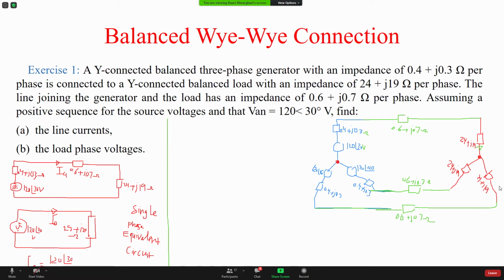And this is going to give me, I think, 3.75, and the angle is minus 8.6 or something ampere.